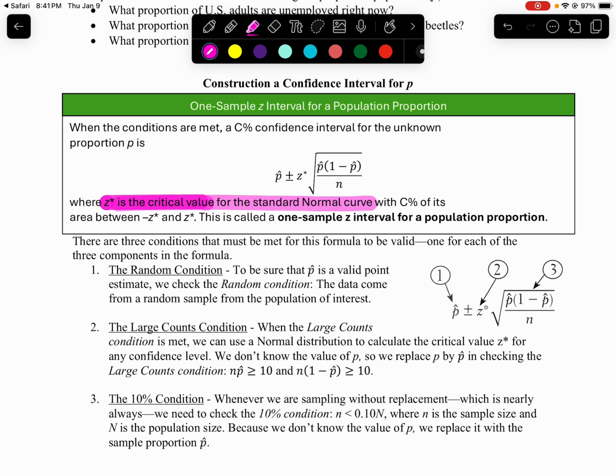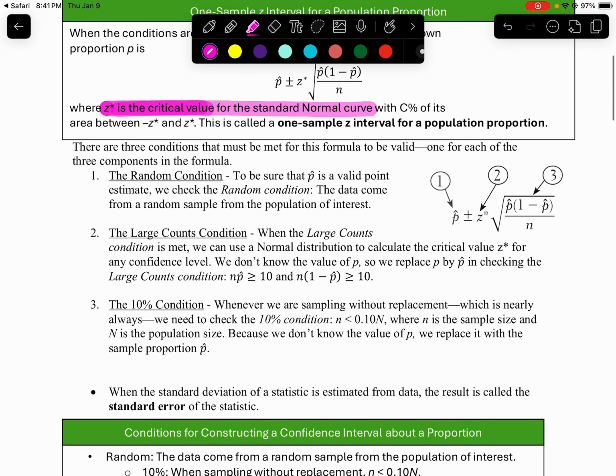As I said earlier, there are conditions that need to be met, and there are three conditions, and they're all found in this formula. I have them numbered, and I have the little parts of the formula numbered so you can see where they all come into play. The first one is that it needs to be a random condition. To be sure that p hat is a valid point estimate, which we looked at the first day in 8.1, we need to check the random condition.